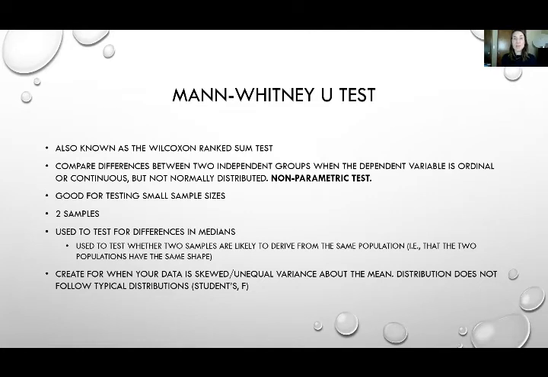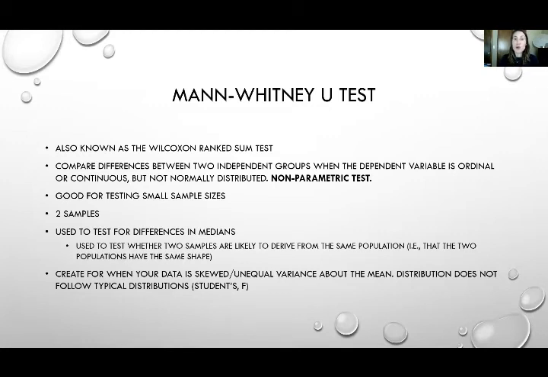It's a way of ranking your values, and ranking is similar to how you would calculate a median, so it's different from calculating a mean. It allows you to compare between two independent groups.